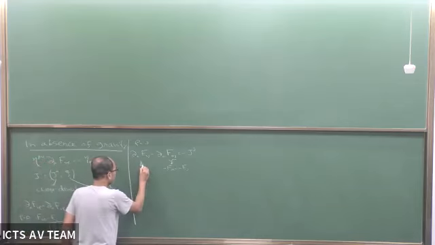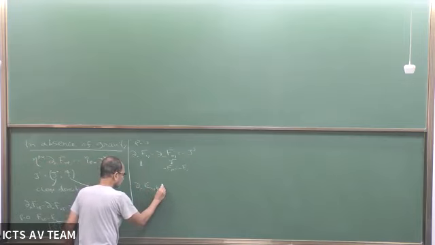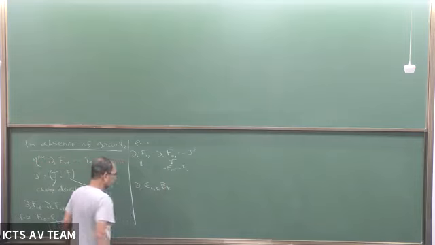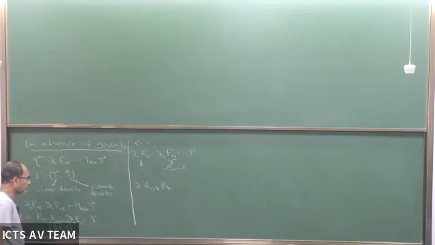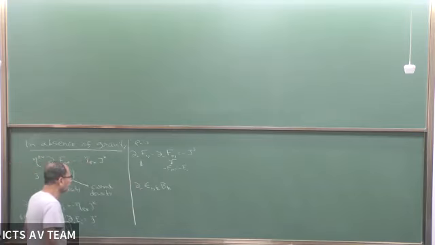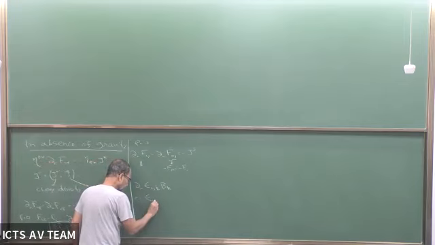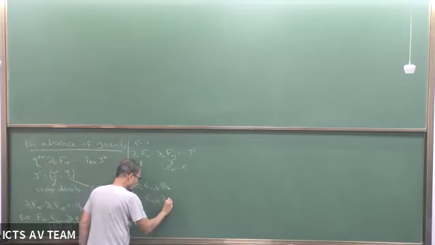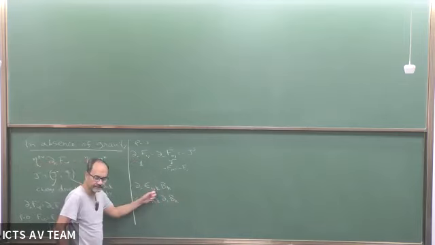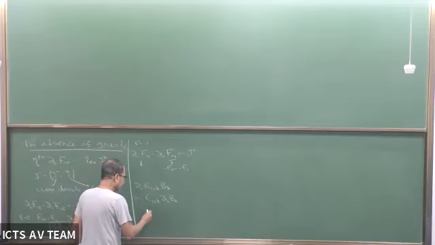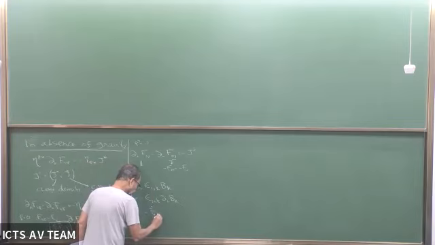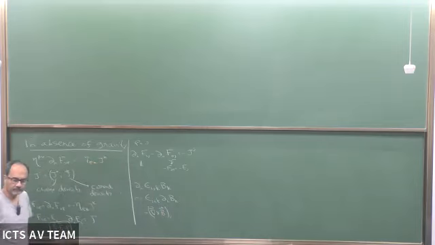And this one is, so I can write this as minus, because epsilon is antisymmetric, so I just exchange j and i. So this is the jth component of curl of B. Right?